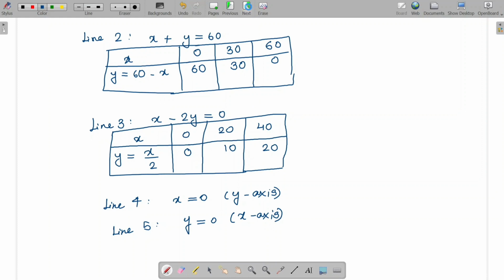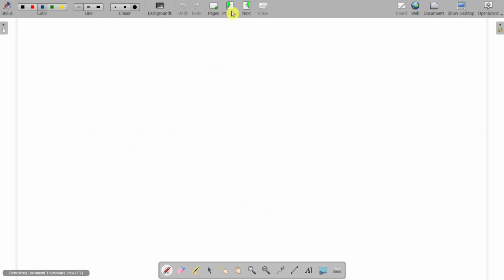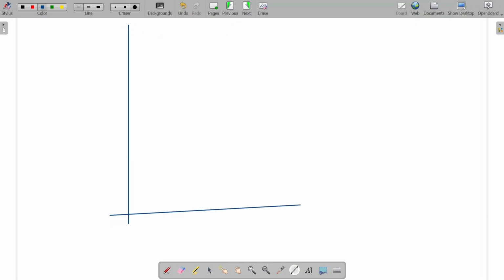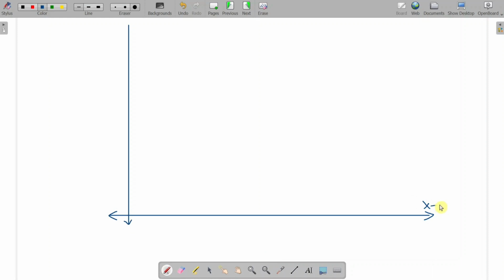Now let us draw the graph here. So this is the y axis, this is the x axis. This is the origin.